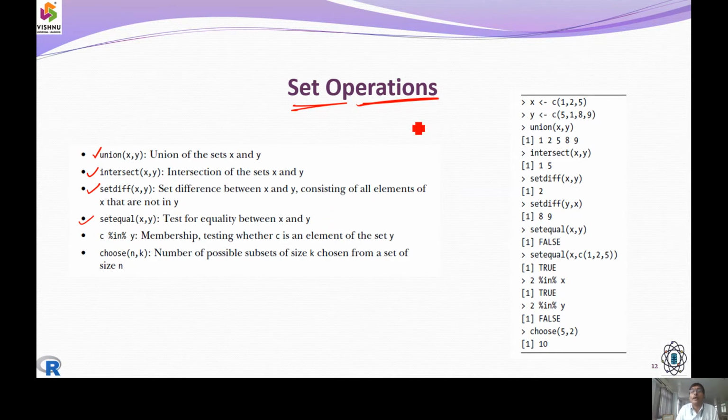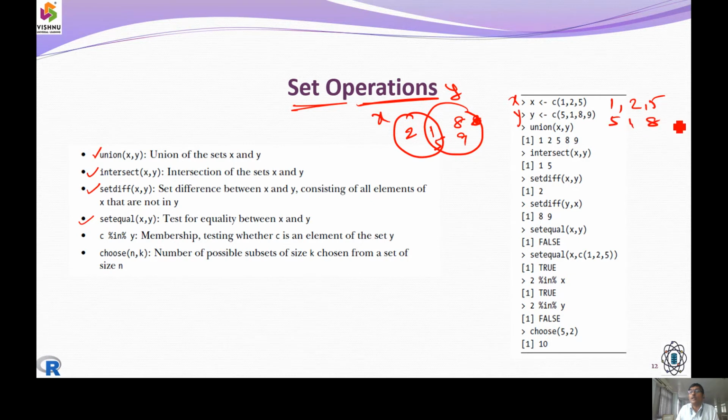So let us see, we have a matrix called x and we have a matrix called y. x is 1, 2, 5, and 1 is going to be a common position, and 5 is also going to be a common position between the two entities. So only in x, it will be 2, and we have 8 and 9 only in y. So x is 1, 2, 5, and y is 5, 1, 8 and 9. So that's how we represented it.